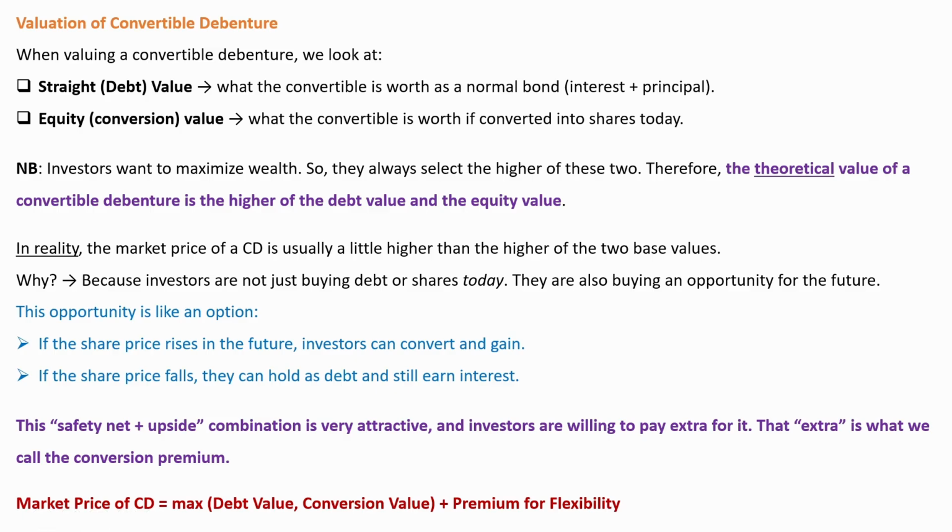But there is something else you are going to add, which we have already seen. Remember, we have said this is the theoretical value. But in reality, the market price of a convertible debenture is usually a little higher than the higher of the two base values. If the straight value is higher, then in reality, the market price might be a little bit higher.